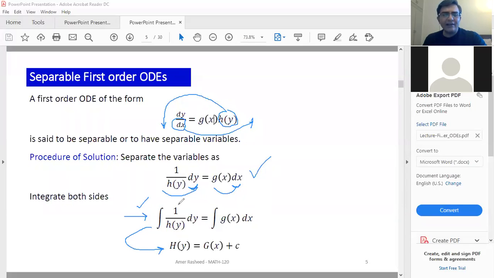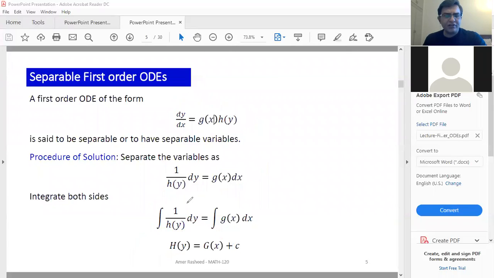We assume that the integral of 1 over h of y is capital H of y, and the integral of g of x is capital G of x, plus a constant of integration. When we integrate a function, we must have a constant of integration.